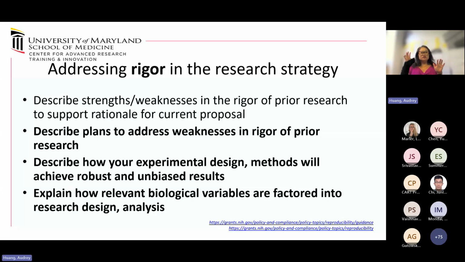You also have to talk about your experimental design in the context of what has been done in the past and explain why your methods and approaches will give you robust and reproducible results. You'll have to explain why you choose the variables that you're choosing and how those are factored and why those are the best variables to look at and how they will best answer the question you're asking.